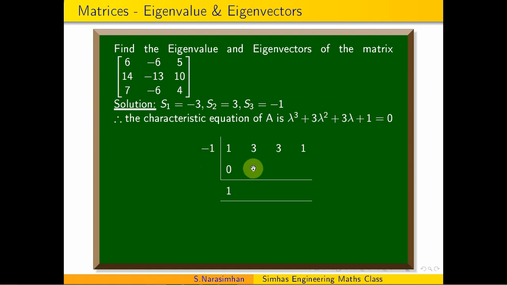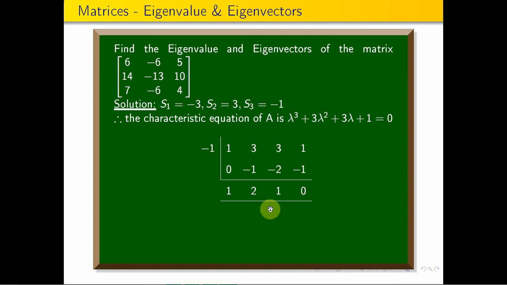1 into minus 1, it is minus 1. 3 minus 1 is equal to 2. 2 into minus 1 is equal to minus 2. 3 minus 2, that is 1. 1 into minus 1, that is equal to 0. This I can write lambda square plus 2 lambda plus 1 is equal to 0, which can be written as (lambda plus 1) into (lambda plus 1) is equal to 0.